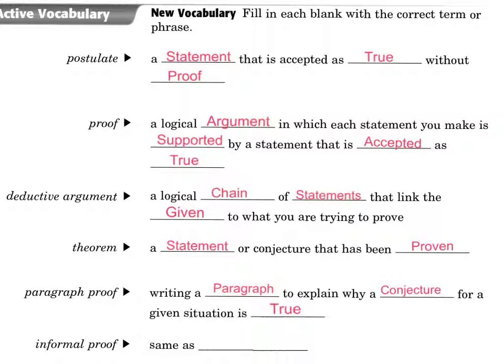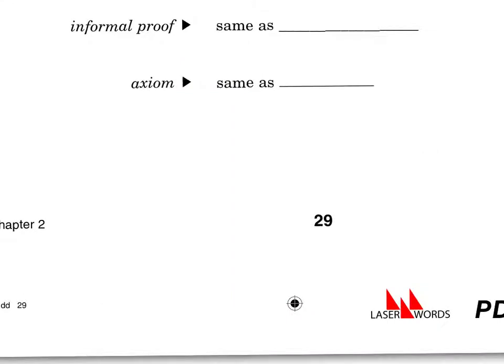Next we have a couple things that are just synonyms. An informal proof, which we won't use, is the same as a paragraph proof. One thing that we will use is an axiom, and an axiom is the same thing as a postulate.